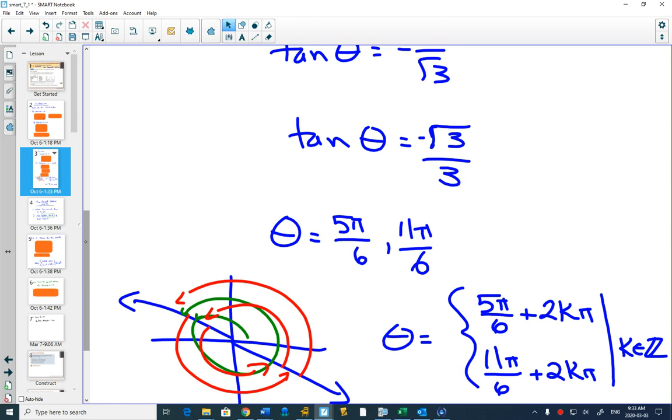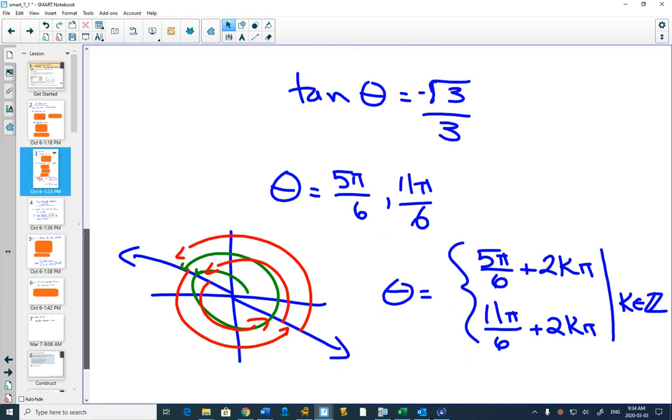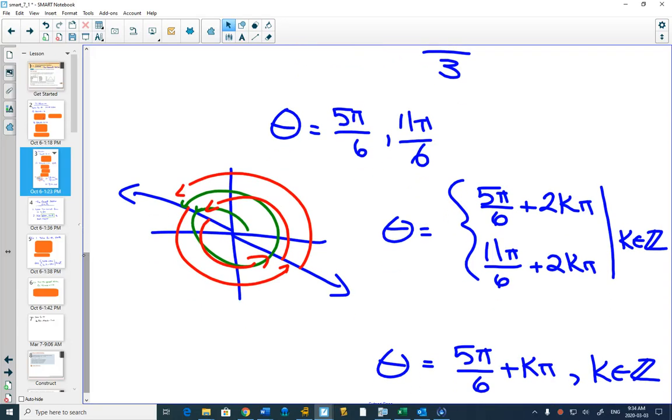Yes. So in the diagram here, what Spencer is saying is, the green ones are showing the 5 pi over 6. The red ones are showing, well, since it's only halfway around the circle to get to 11 pi over 6, he's saying, couldn't I write instead 5 pi over 6 and then add pi and add pi and add pi and add pi, and that would hit both of them forever.